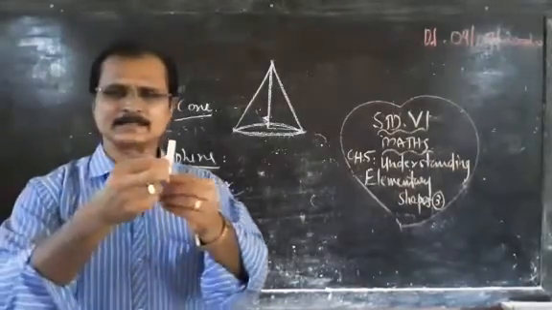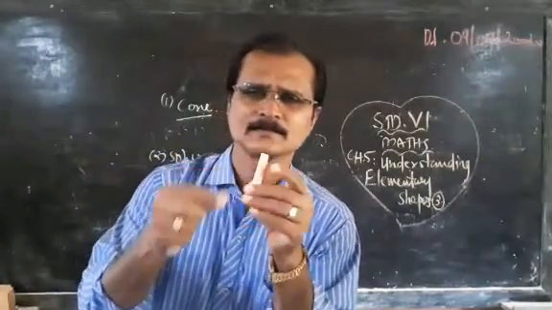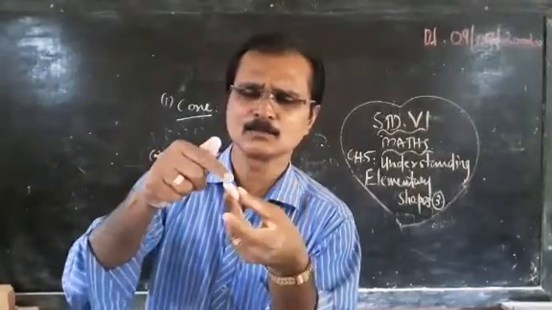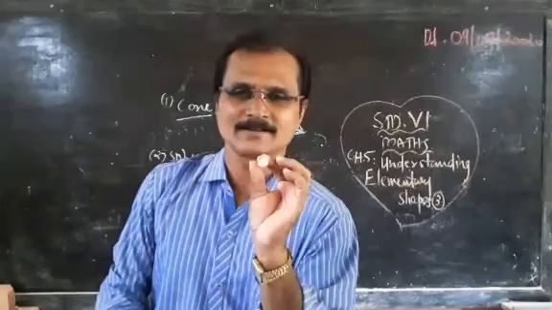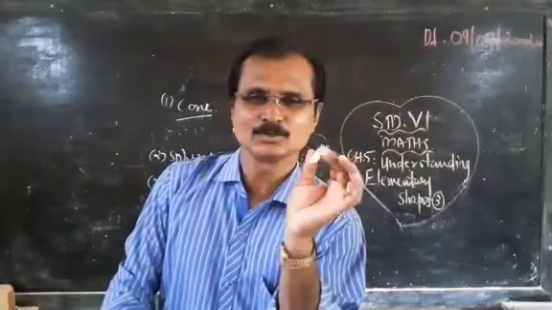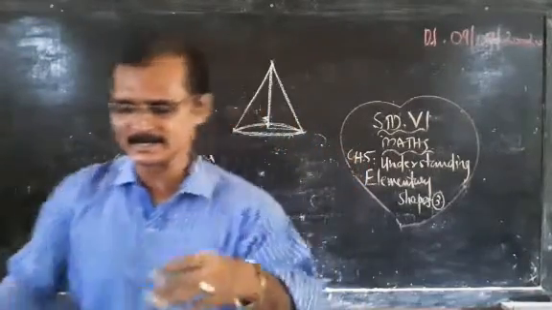This is the perfect example. Round shape, this is the height, and both these two sides are circular. This is a new chalk, just like a cylindrical shape.